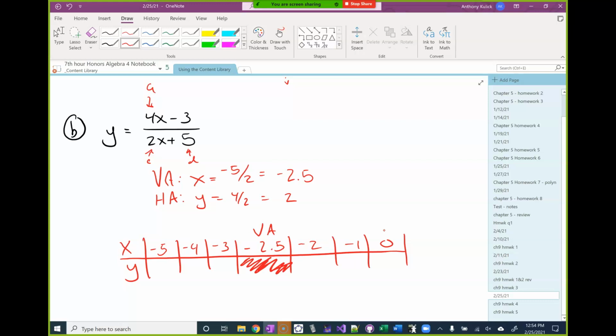So that's going to be negative 4.6. And then I have negative 19 over negative 3. So that's going to be negative 6.3 repeating. And then I'm going to have negative 15 over negative 1.